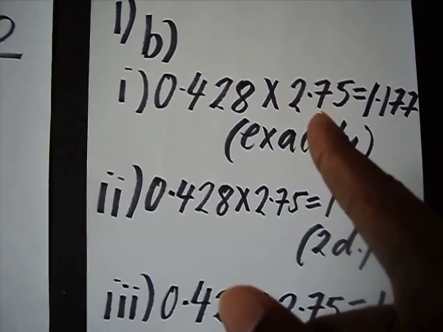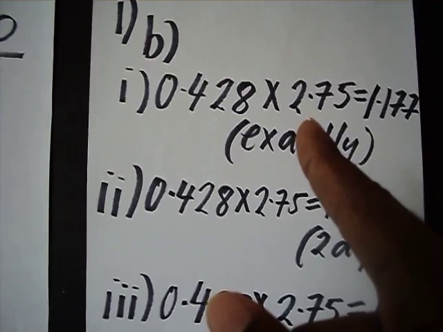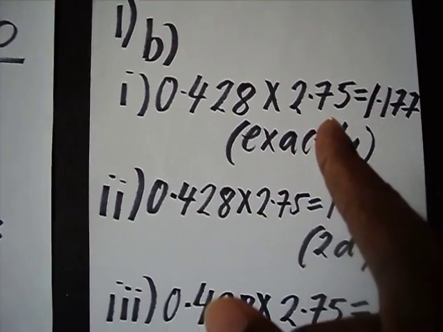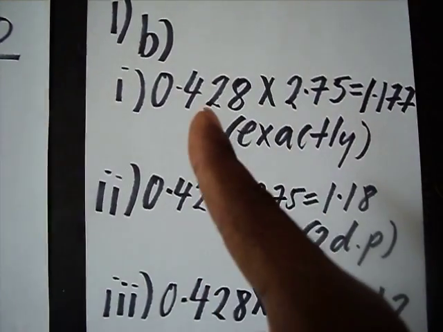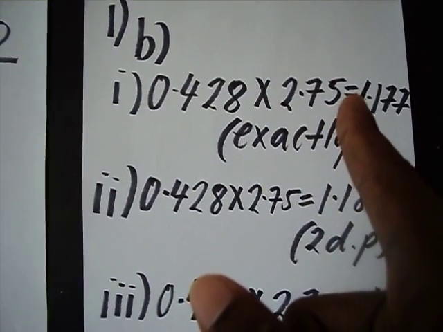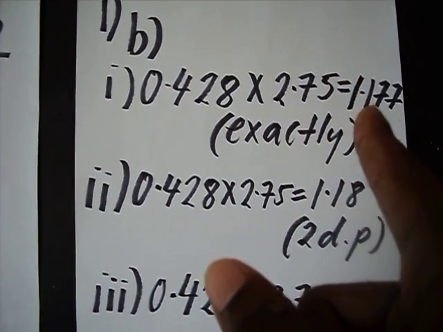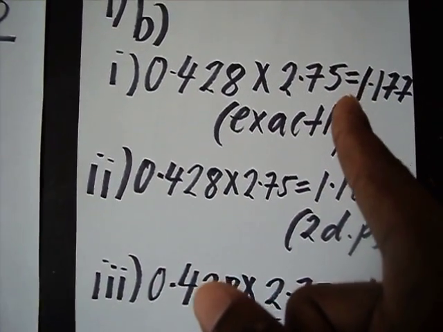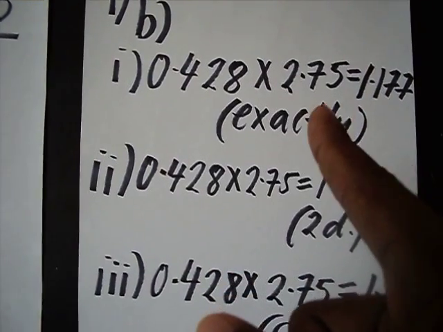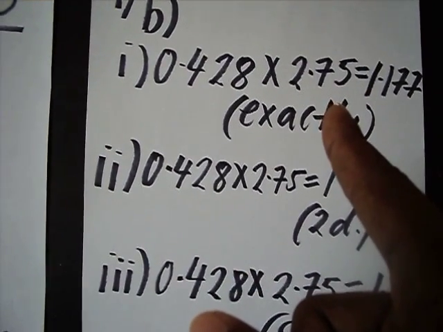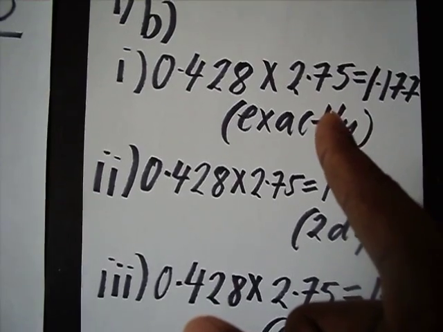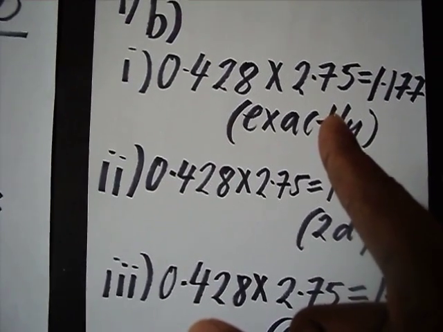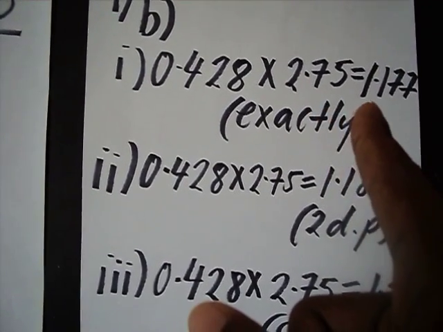You of course use the calculator, exactly in decimal form. When you multiply these two, you get 1.177 exactly. Then they say you now have to bring it to 2 decimal places.